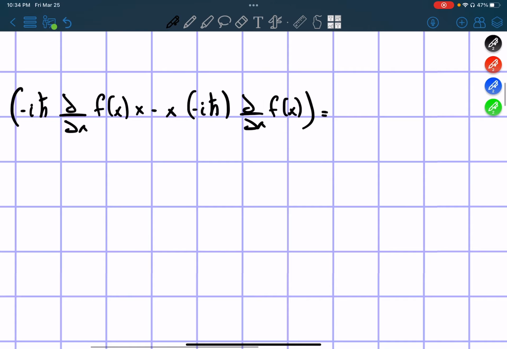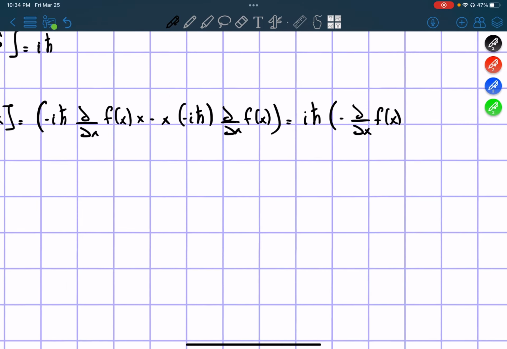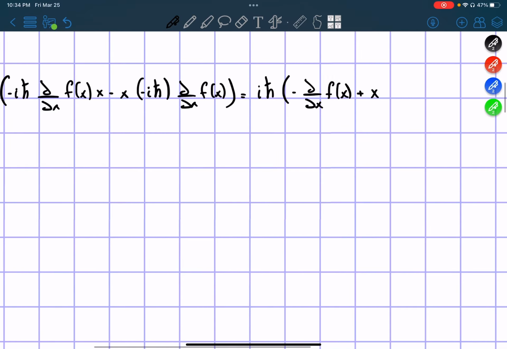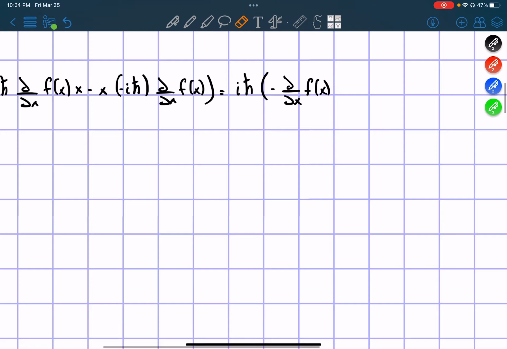So I'm going to take out an i h bar, and I get a negative derivative in terms of x of f of x. We said plus, because we have negative and negative, plus x times i h bar, which we took out, and then x, I forgot to write the x over here. Okay, plus x times the derivative in terms of x of f of x.